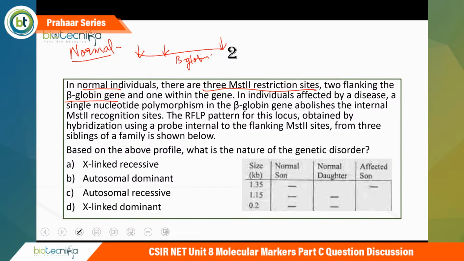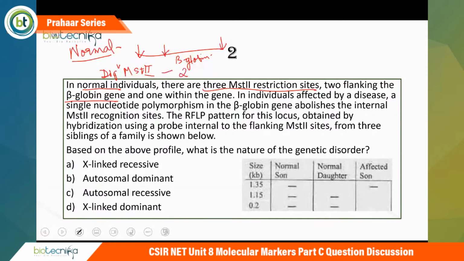So this is the normal gene's pattern. When you digest the normal copy of the beta globin gene with MST2, you will get 2 fragments.